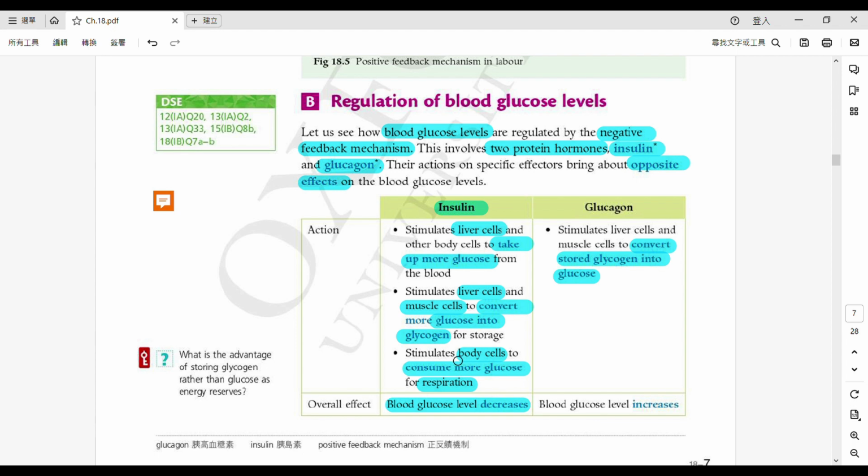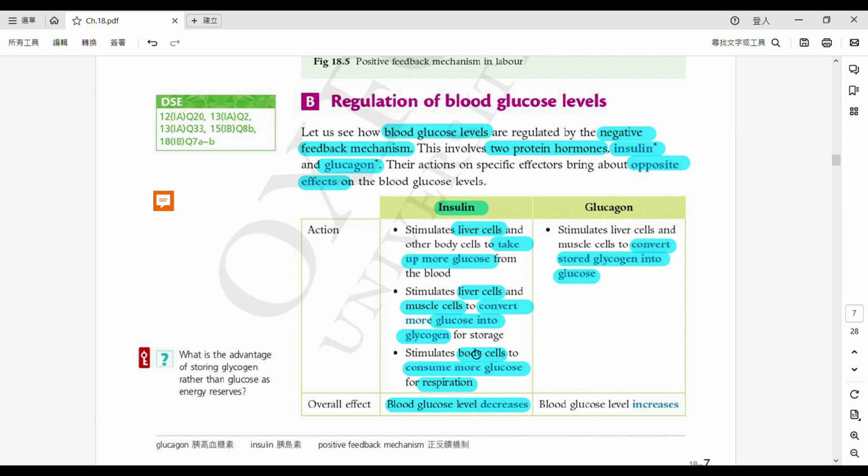Okay, so this is one of the key points. And the last one, the second one, is the liver cells and muscle cells. It's going to stimulate them to convert the blood glucose into glycogen, not glucagon, into glycogen, to store. Okay, so for your information, where is the glycogen stored?